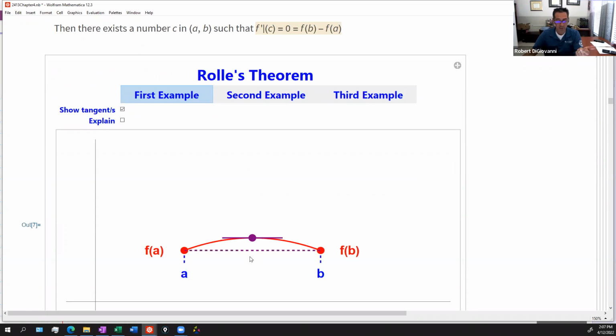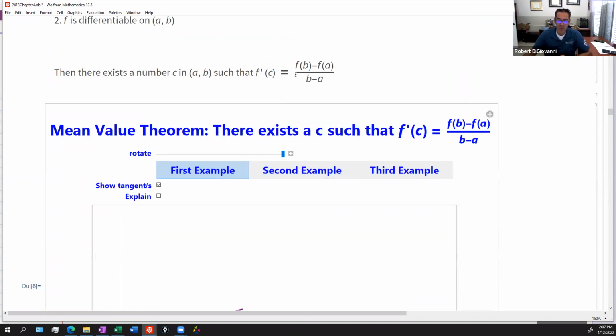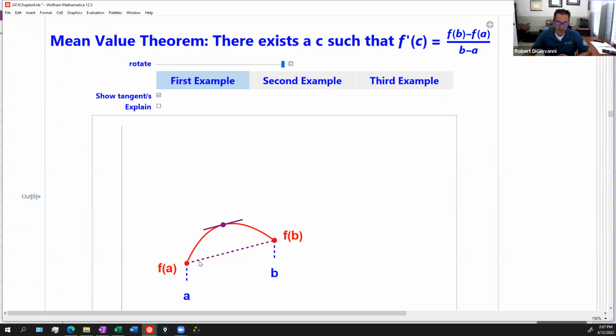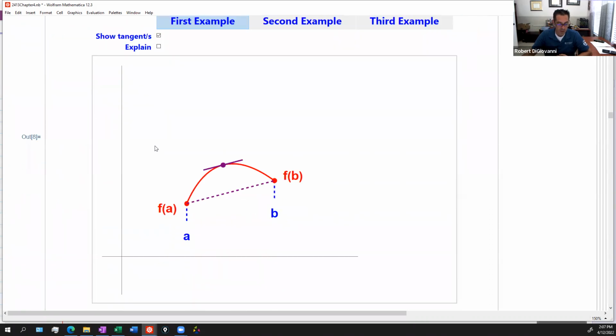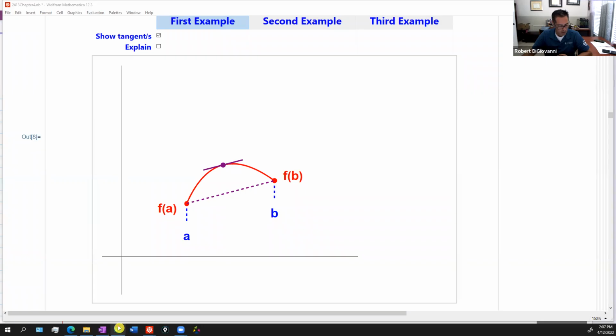Rolle's theorem says there's got to be a place where the derivative is 0. The mean value theorem says, well, no, we won't have that same condition because the two endpoints aren't the same. I'm not saying that the derivative will be 0. I'm saying the derivative will be parallel to the slope of this line.